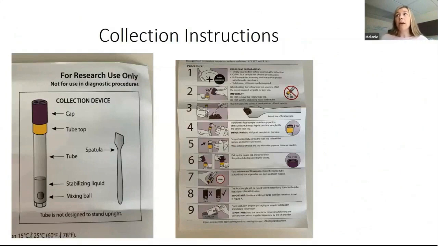Again, the instructions are step-by-step and include pictures. This is a great help when the subjects take the kits home to collect the samples. If someone needs to assist them with the collection, like a spouse or a caregiver due to their age, these instructions are really easy to interpret.